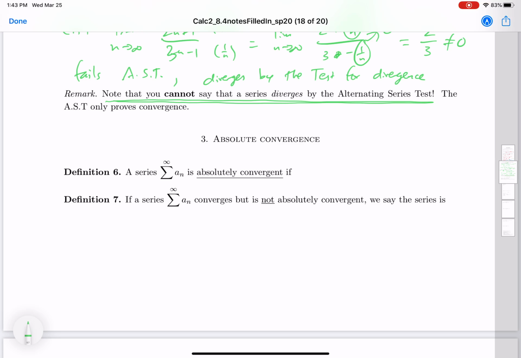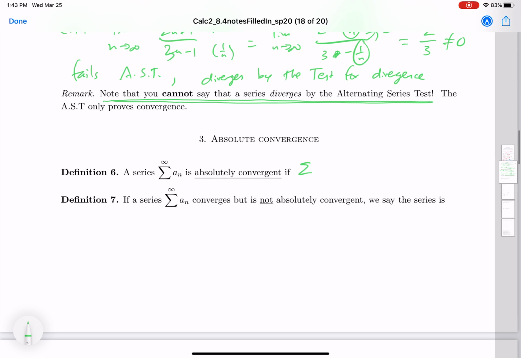All right, let's talk about absolute convergence. We say that a series is absolutely convergent if the sum to infinity of the absolute value of a sub n is convergent. So this is a stronger statement than just regular convergence, right?